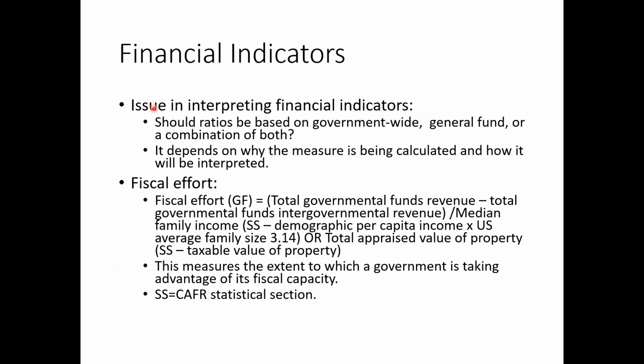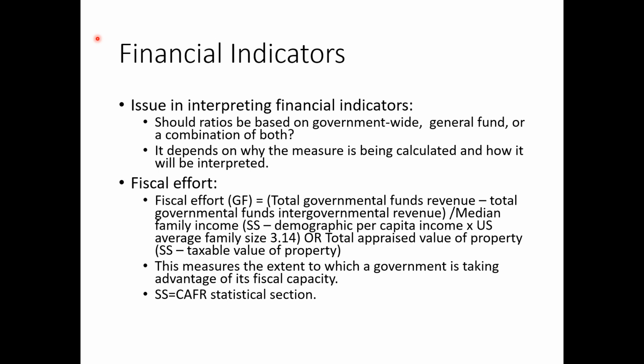Issue in interpreting financial indicators: should ratios be calculated based on government-wide, general fund, or a combination of both? It depends on why the measure is being calculated and how it will be interpreted.